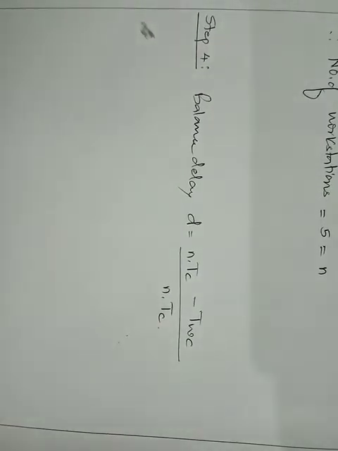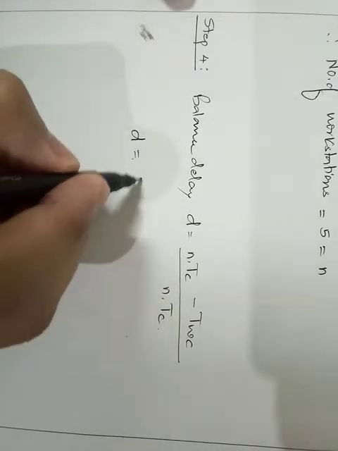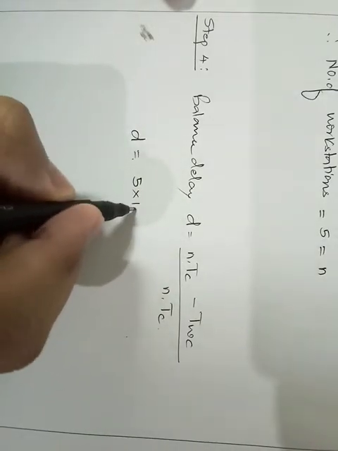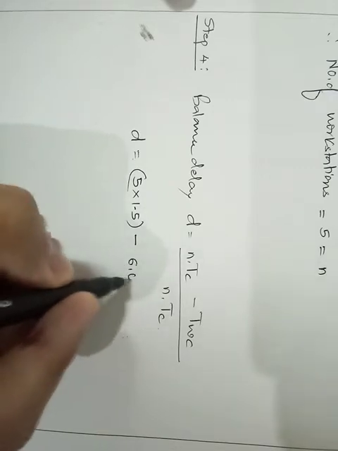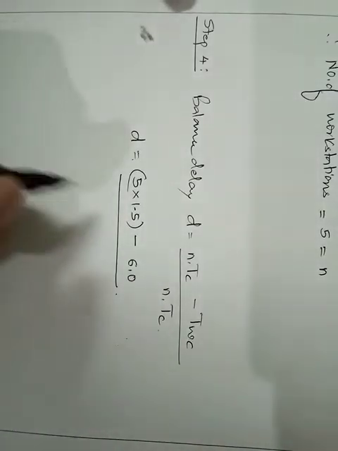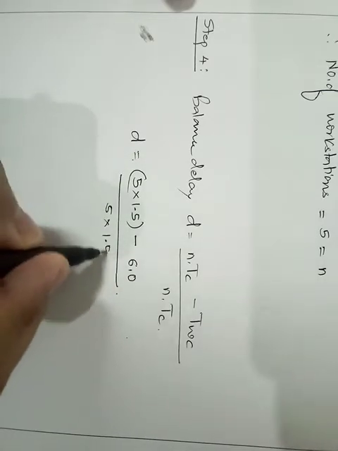Step number 4, balance delay. So D is equal to n, which is 5, into cycle time 1.5, minus total work content time of 6 minutes, divided by 5 into 1.5.